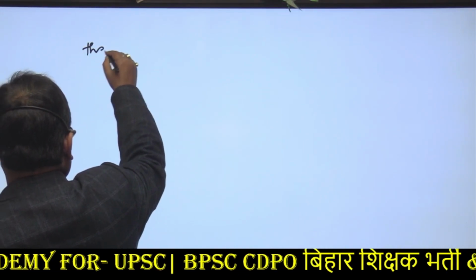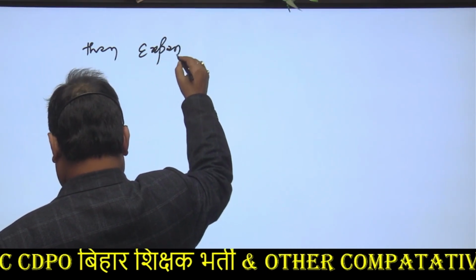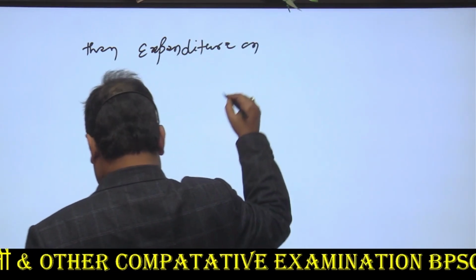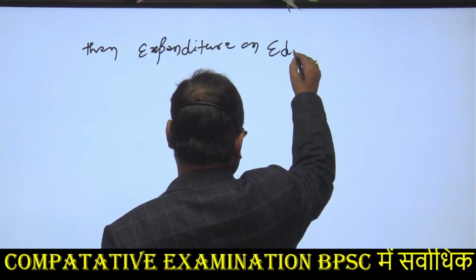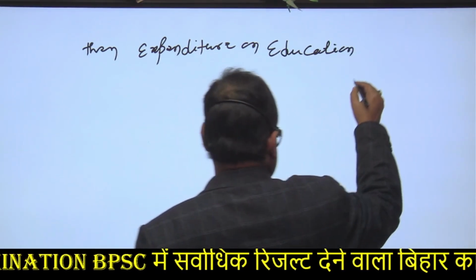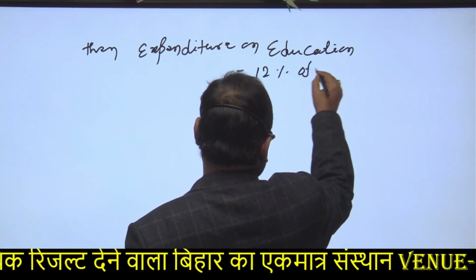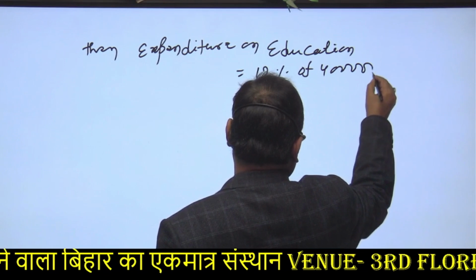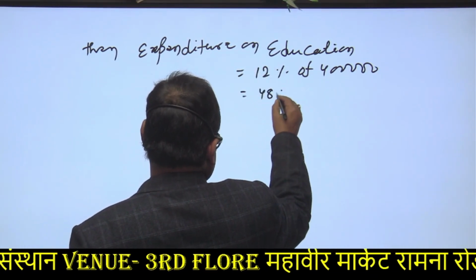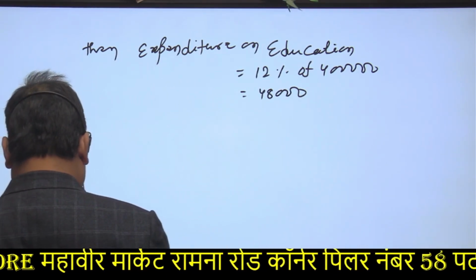Then expenditure on education equals to 12% of 4 lakhs equals to 48,000. Operation is done by calculator.